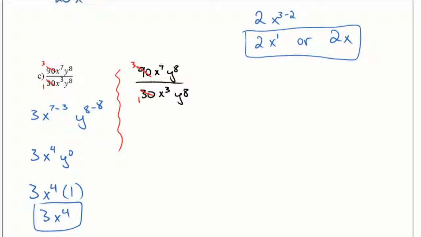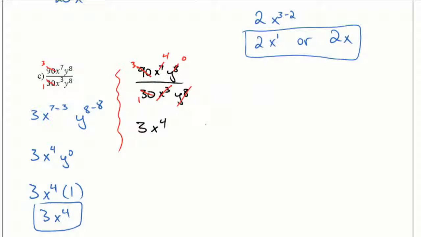I would look at my x's here and I'd say, oh, I have 7 minus 3, so I just cross this guy off and change this to a 4. And then 8 minus 8, I would just cross that off and change it to a 0. And then I look at it and see what I have left. So I had the 3 divided by the 1, so I'm just going to write that as 3. I had x to the 4, and then I have y to the 0, which is going to give me 1.